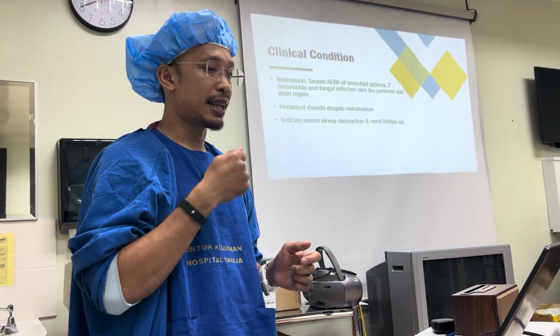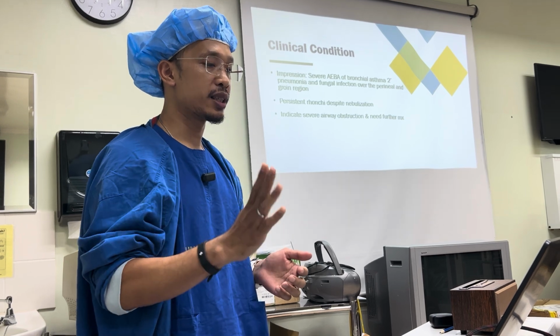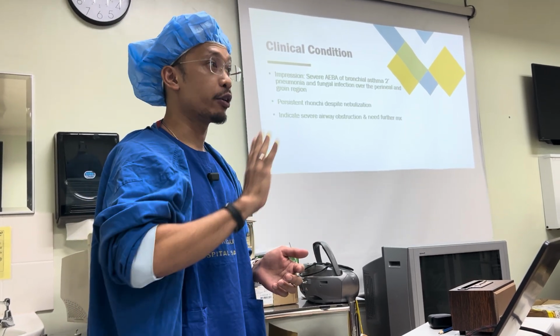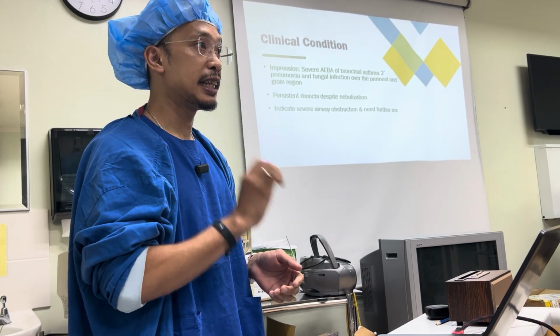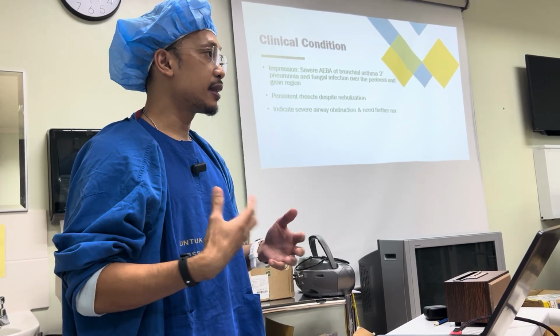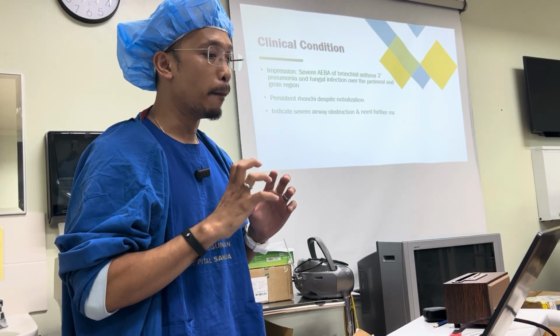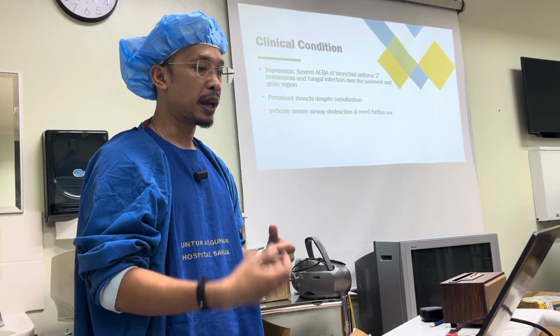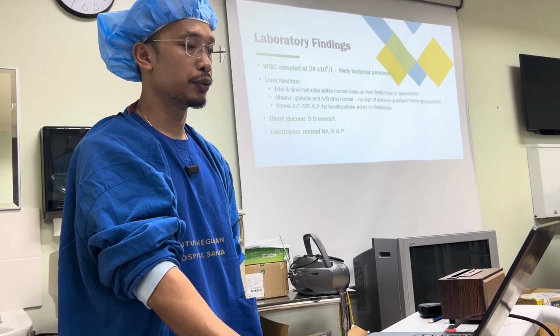Even after nebulization, the patient still has persistent rhonchi or wheezing sounds. That's a big red flag, okay? Because it means the airway obstruction is still pretty bad. This isn't a mild flare-up. We are looking at a case that might need more aggressive treatment, maybe even ventilatory support if things don't improve.